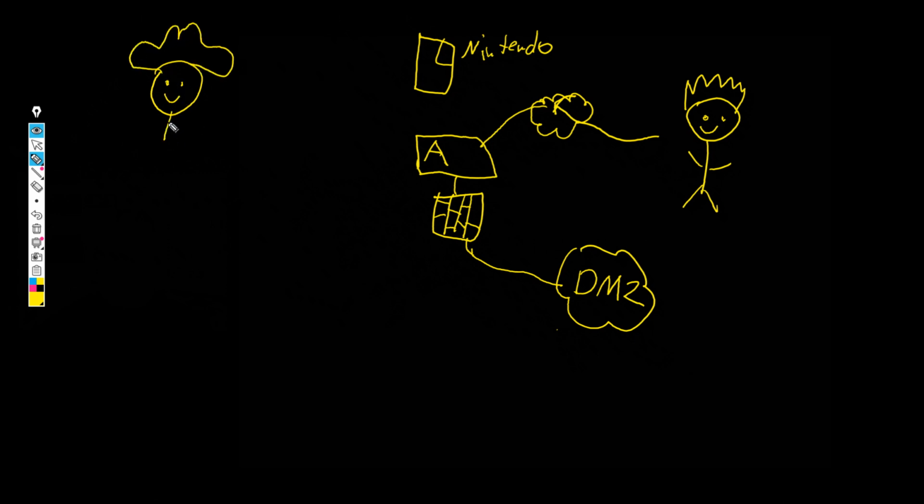wearing a cowboy hat, and he works for Amazon, but he's trying to VPN into his network at Amazon. So he connects to the cloud, and then from the cloud you have your VPN service.